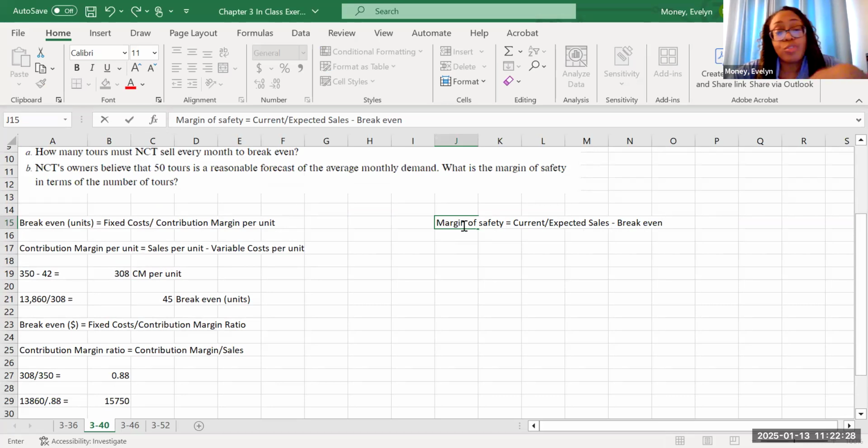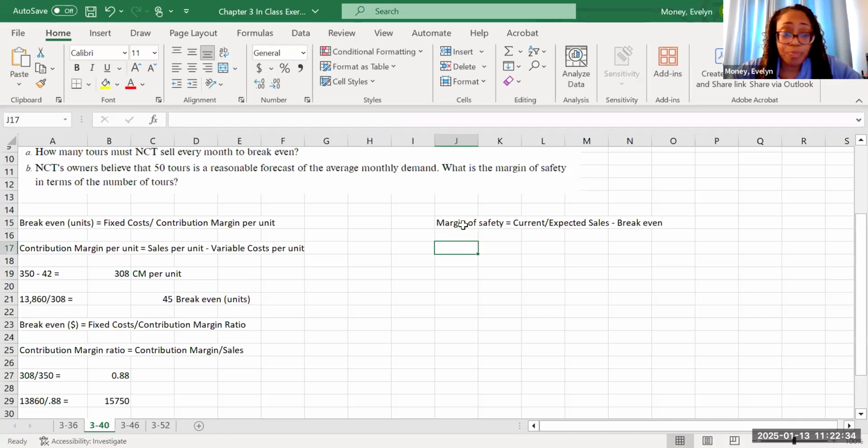If you unfortunately do the break even incorrectly, then your margin of safety calculation will be incorrect as well. So now we're going to express this in terms of units, and then we'll do dollars, and then we'll do the percentage just for fun. The problem only asks for units.